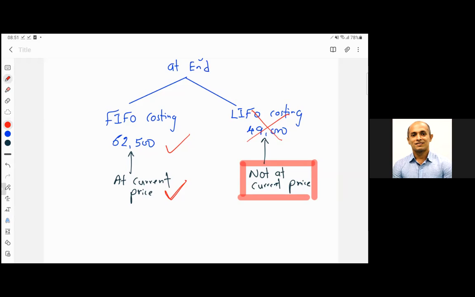But there are businesses with a longer inventory holding period. Then changes in price level can have a material effect on financial statement values, cost of sales and inventory. In that situation, you have to be very careful about the inventory costing.